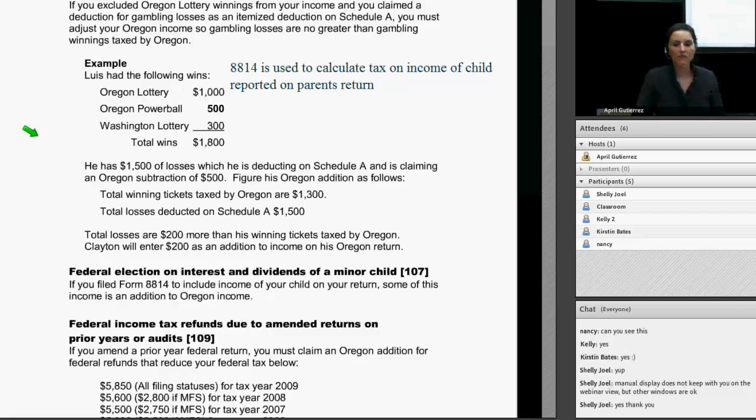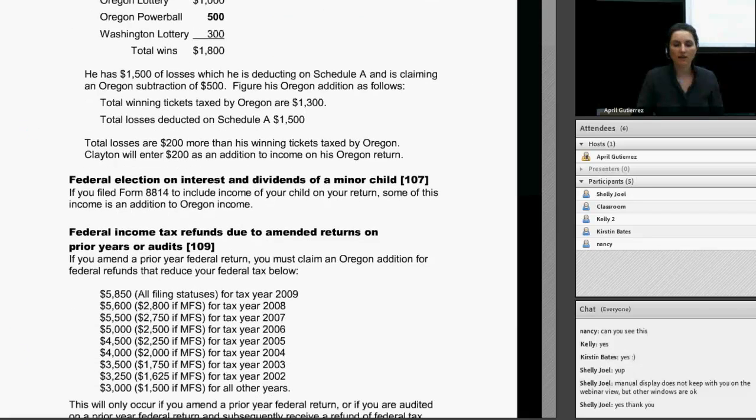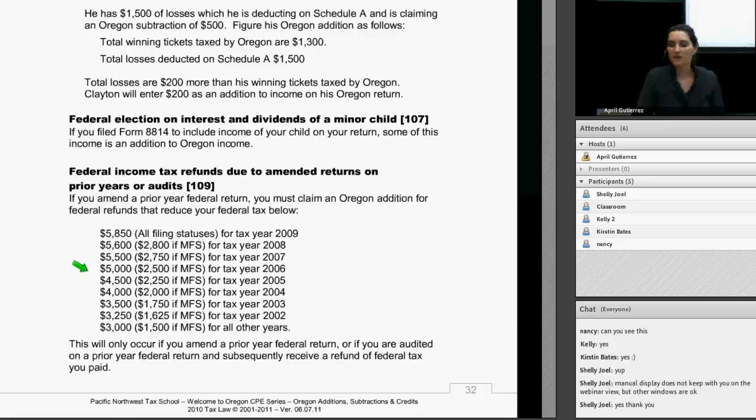Federal income tax refunds due to amended returns on prior years or audits. If you amended a prior year federal return, you must claim an Oregon addition for federal refunds that reduce your federal tax below the federal tax subtraction amount for the earlier year.